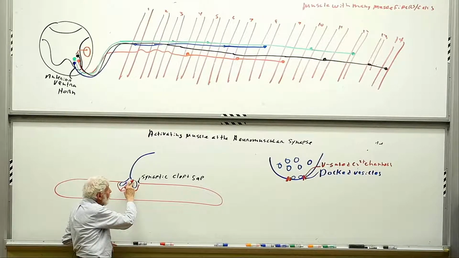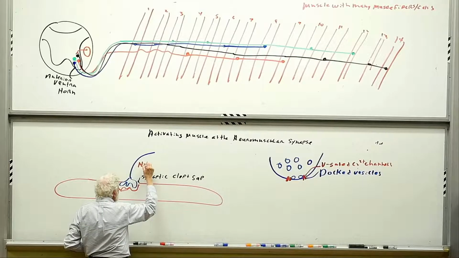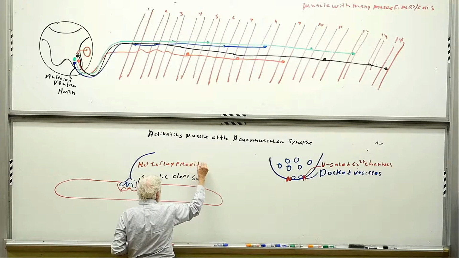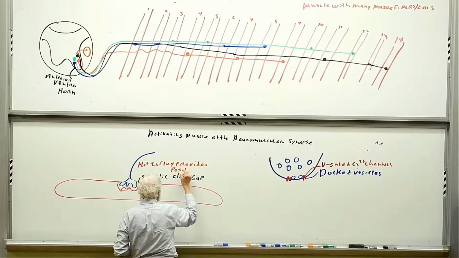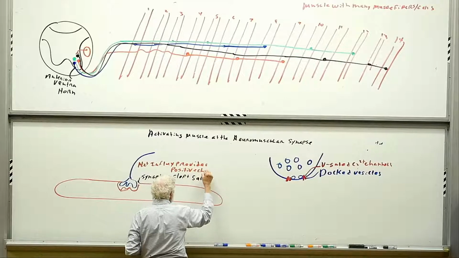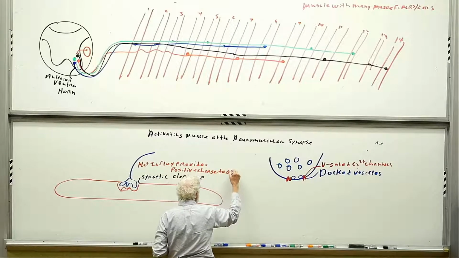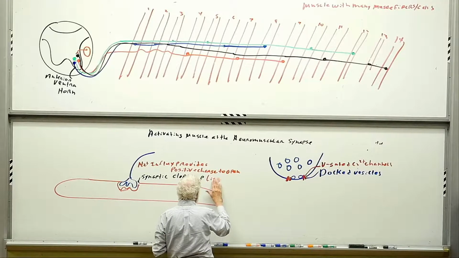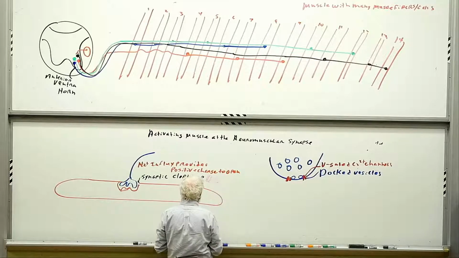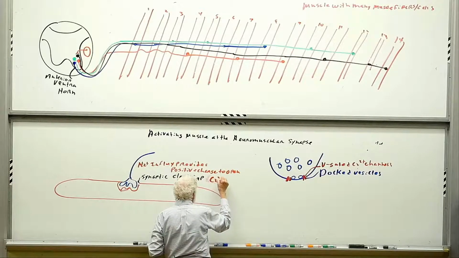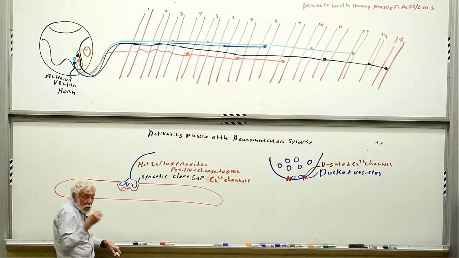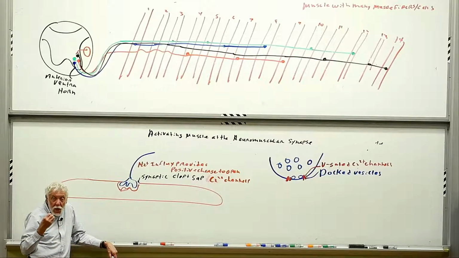When they arrive at the axon terminal, sodium influx provides positive charge to open calcium channels. Again, you can see it's positive charge opening, so that's a voltage-gated channel. The voltage-gated channel is being opened by the sodium arriving via the action potential.